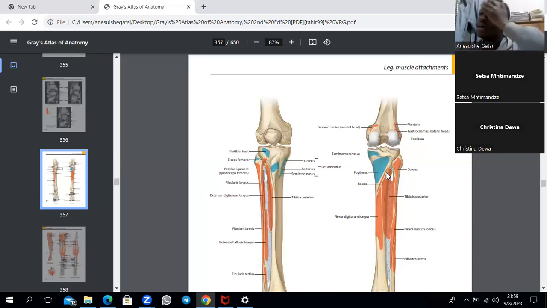So the only reason why I chose to show you the popliteus muscle is the language will become like this. At the lower border of the popliteus muscle, the popliteal artery will divide into two: anterior tibial and posterior tibial. I know earlier on I just said popliteal artery divides into two.